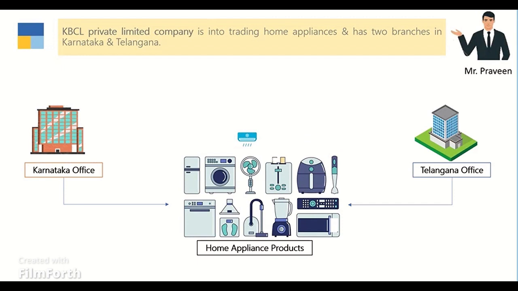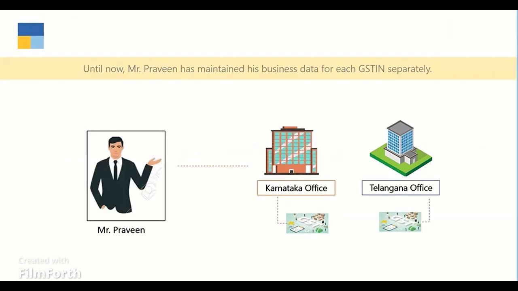Let's understand with a business scenario. KBCL Private Limited is a company in home appliances, and they have two branches, one in Karnataka and the other in Telangana. Till now, the owner, Mr. Praveen, has been maintaining this data in two different books of accounts.